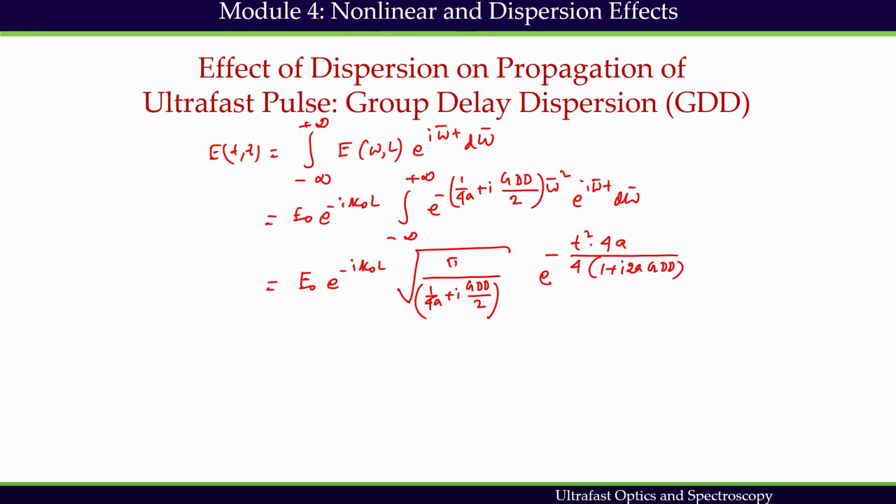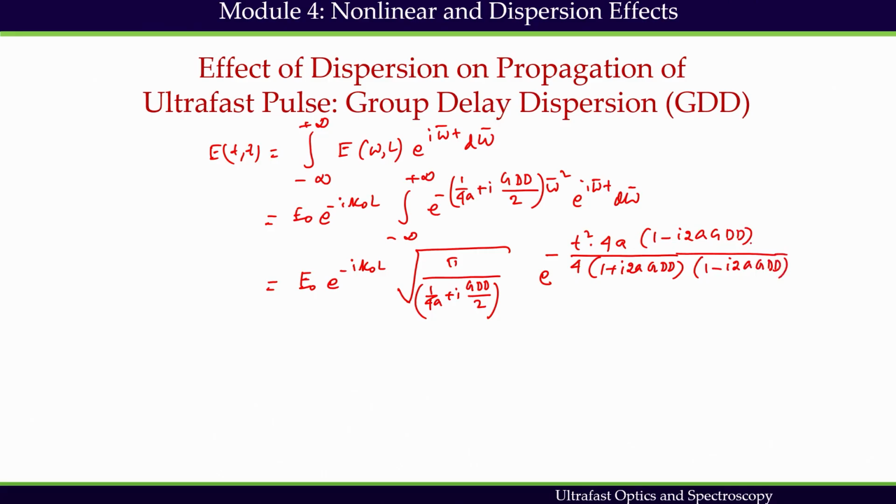And we can again simplify by multiplying 1 minus i 2a GDD, and here also multiplying 1 minus i 2a GDD.